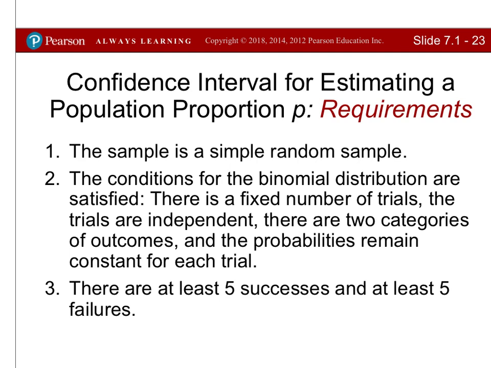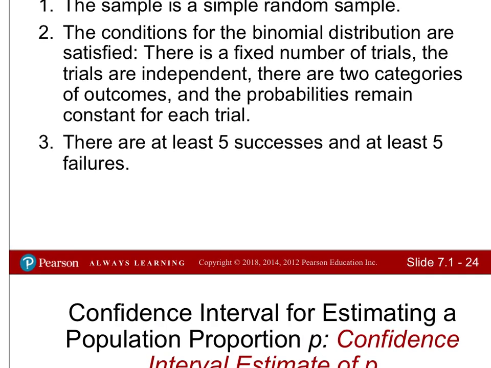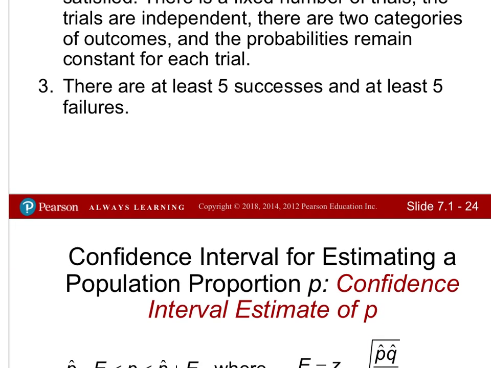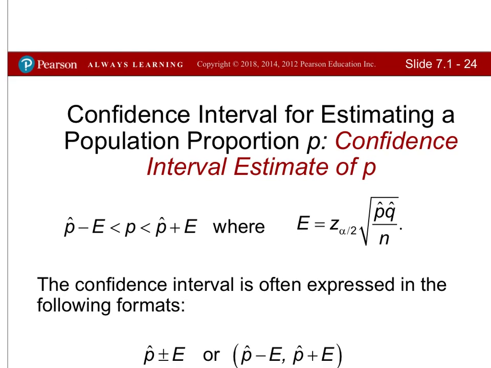Either they agree with policy A or they disagree with policy A. When we're dealing with proportions, we're not dealing with situations where there are three choices. There are only two choices: yes or no. And then we have to have at least 5 successes and at least 5 failures. So if everybody is answering yes, it doesn't work. Usually we don't have to worry about those things, but occasionally they'll pop up.